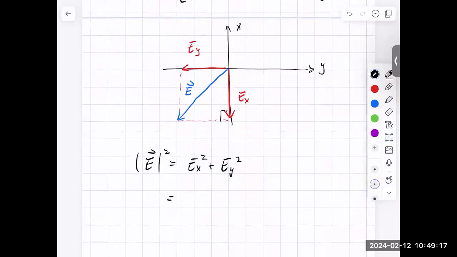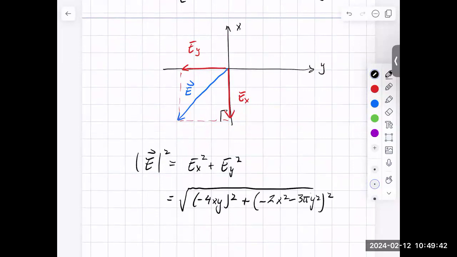The electric field magnitude is going to be the square root of minus 4xy squared. That's the x component squared. In fact, I wrote the minus sign there, but I didn't have to because I'm squaring everything. The negative squared is just going to be positive. And then the y component would be minus 2x squared minus 3 pi y squared, all squared.